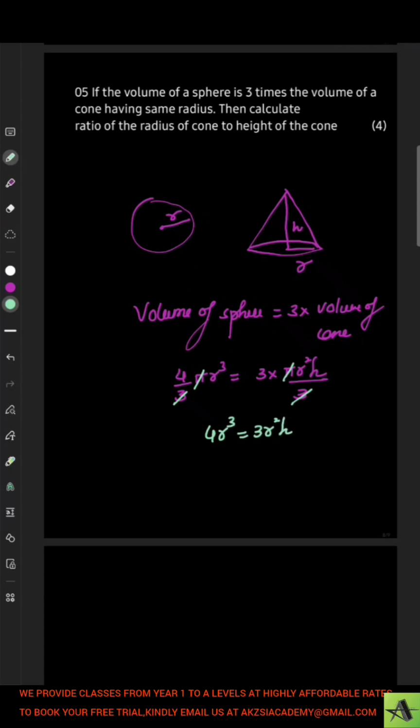I have kept r the same in both because it's specifically mentioned that they have the same radius. So divide both sides by r squared, which gives me 4r equals 3h. Finally, the ratio of radius to the height of the cone will be r over h equals 3 over 4. So your answer is 3:4.